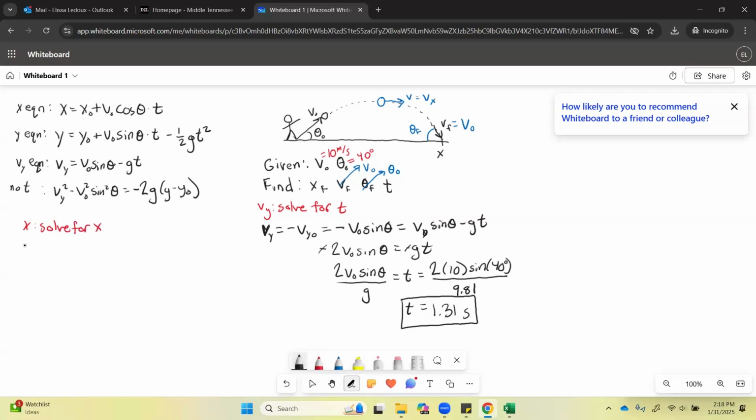We put in x equals x initial, we're going to say is 0. So let's say that our coordinate frame here is y, there is x. We start at 0. So 0 plus the V initial cosine theta, so that's 10 cosine of 40 degrees, times this 1.31, 10.035, or round to 10.04.